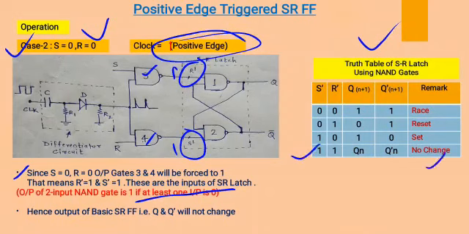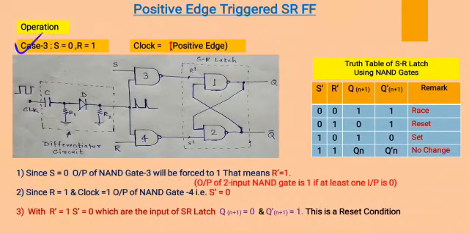For that, the output will not change again. Hence for the case where S is 0, R is 0 and a positive edge of the clock appears across the flip flop, the output of the basic SR flip flop, that is Q and Q complement, will not change.